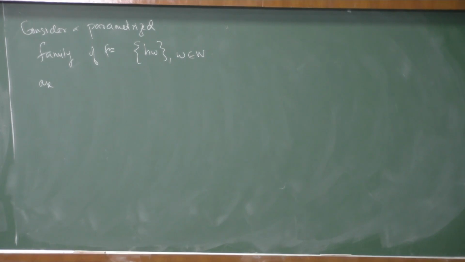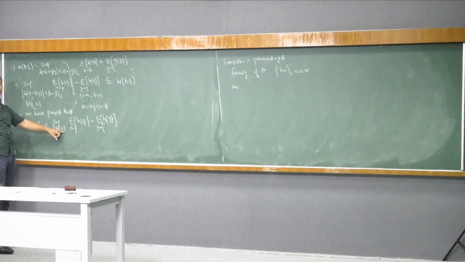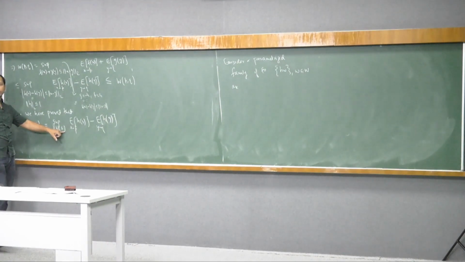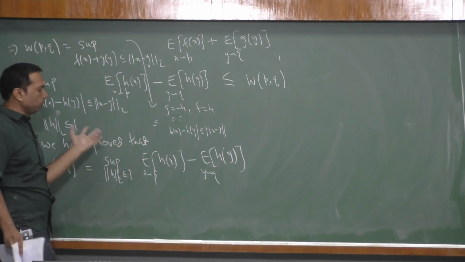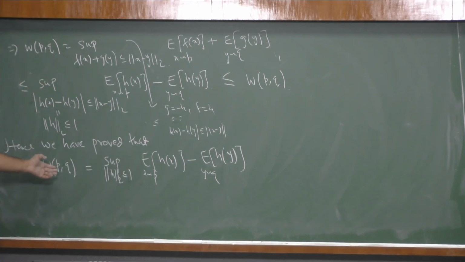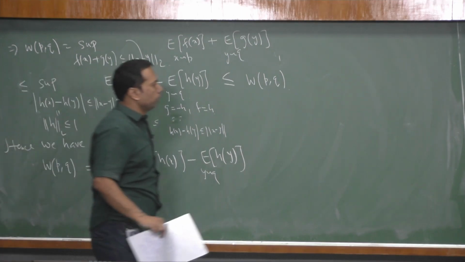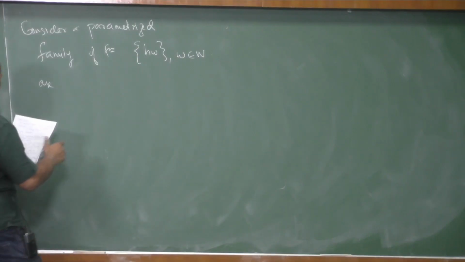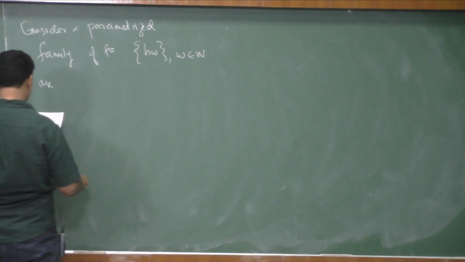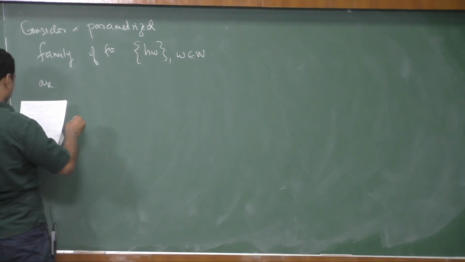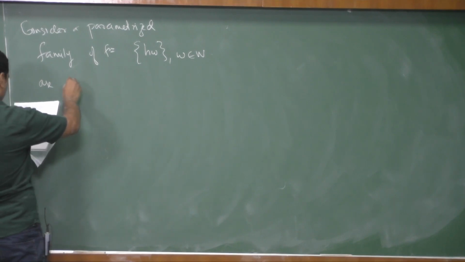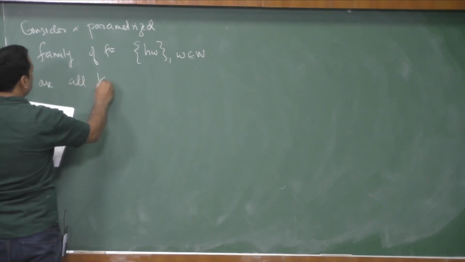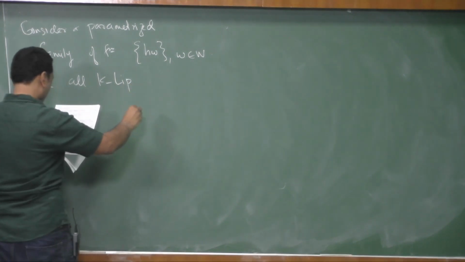What WGAN says is that although you are supposed to take 1-Lipschitz, even if you take K-Lipschitz it should not matter, because it will be up to a constant factor, giving you a similar distance. So they remove the restriction that it's 1-Lipschitz, and say it could be K-Lipschitz. So the family is all K-Lipschitz functions, instead of 1-Lipschitz.